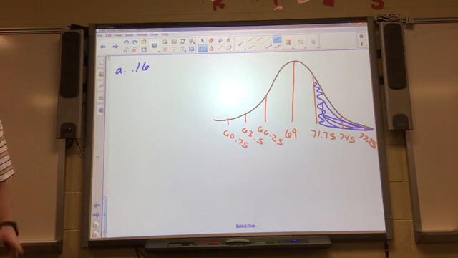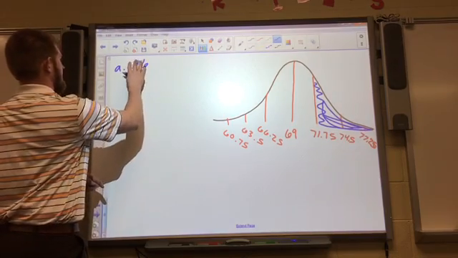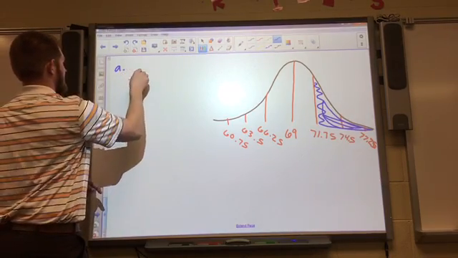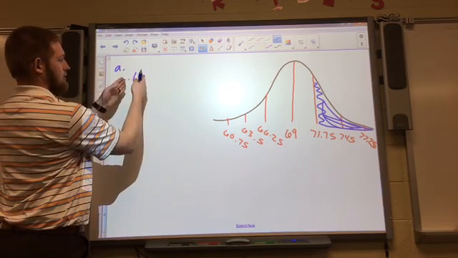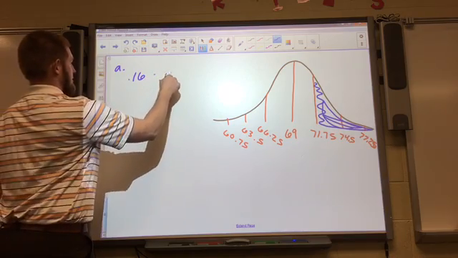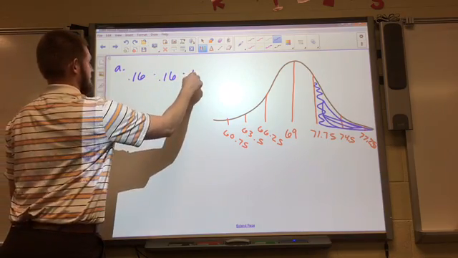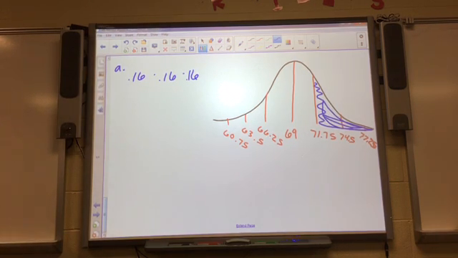Okay, now that's of 1, right? Okay, what is the probability of this for the second guy? Also 0.16. So I want taller, equal to or taller than 71.75, and the same thing, and the same thing. So what is the probability that I can select 3 men and they all be 71.75 inches or taller?